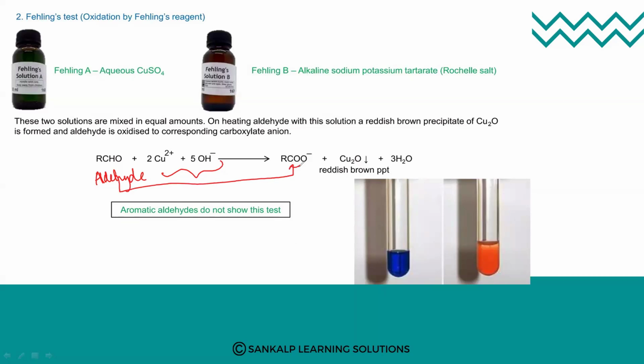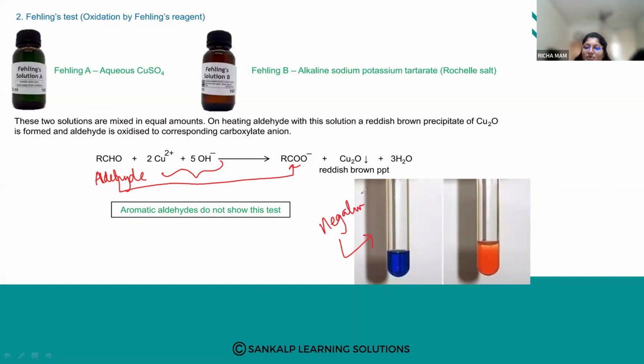So this is the test. The color of Fehling's solution is blue. If it stays blue, it is negative, there is no reaction. If it turns reddish brown, that means it is an aldehyde, so it is giving you a positive test for Fehling's solution.